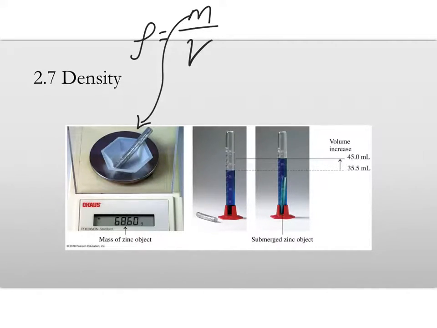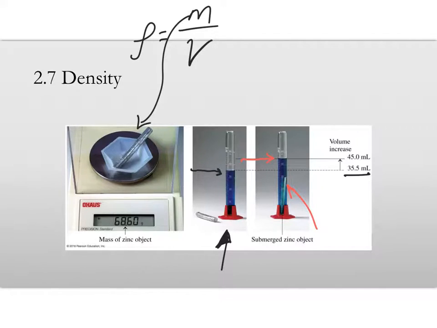If you look at the picture here, you can see there's some initial volume right about here, and they have it as 35.5 milliliters. You place the object into it, and you can see the volume of the water increases and ends up right about here, and they have it at 45.0 milliliters.